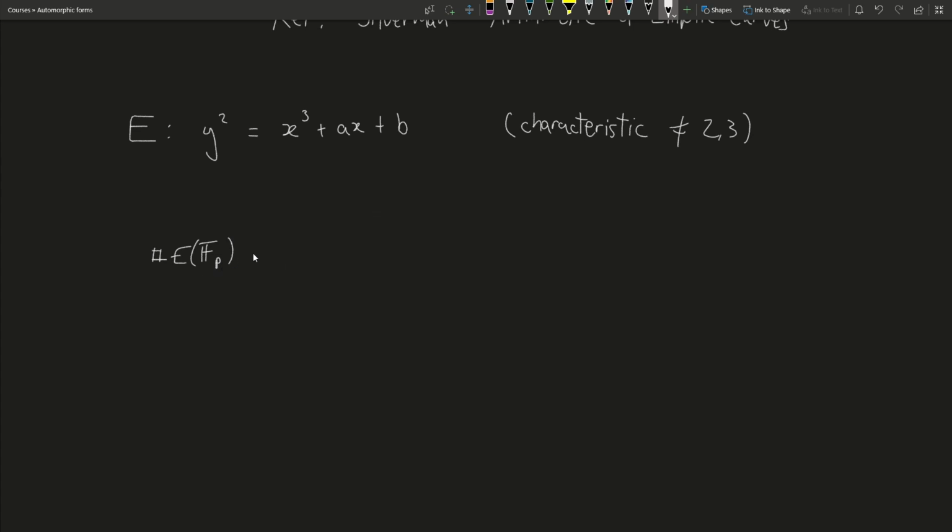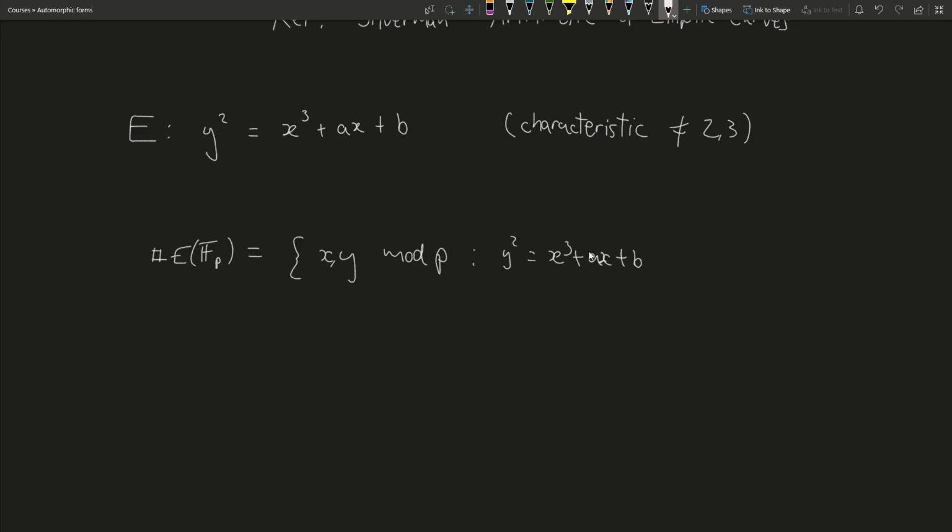This is the number of tuples (x, y), both of them mod p, such that y squared equals x cubed plus ax plus b.